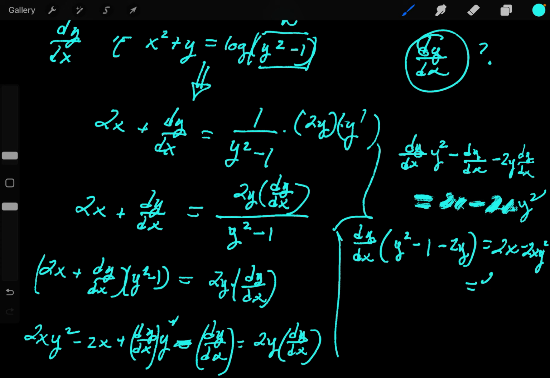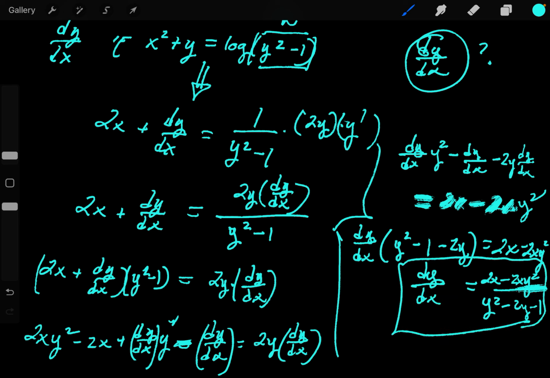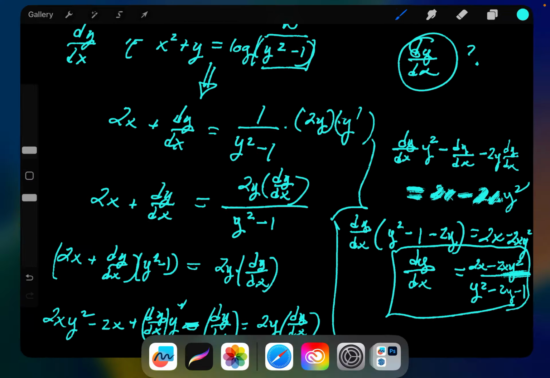And then you divide: 2x minus 2xy squared divided by y squared minus 2y minus 1 is dy dx. Again, provided I didn't make a mistake in my massive amount of fatigue. This is how you do this. And then it asks for other questions here. Basically, we just need to know how to do implicit differentiation well, is the whole thing.